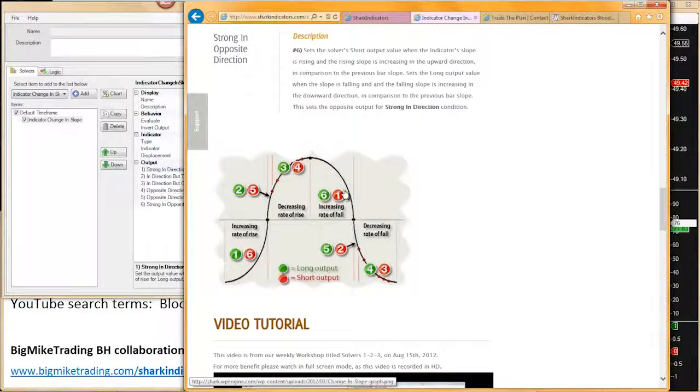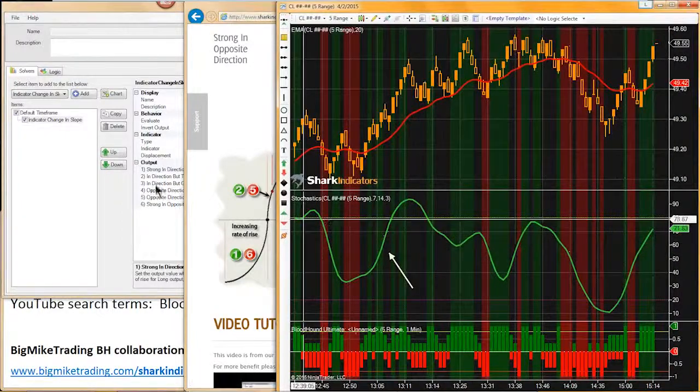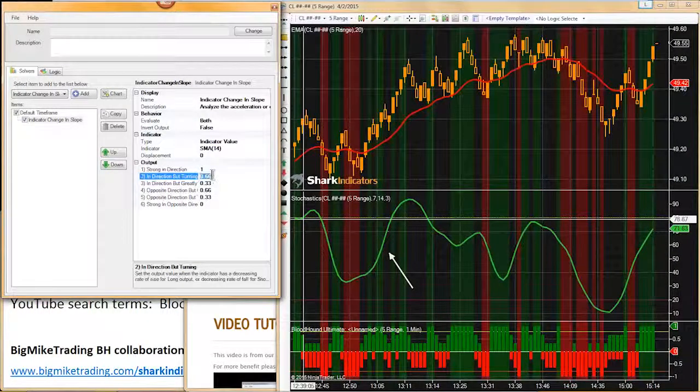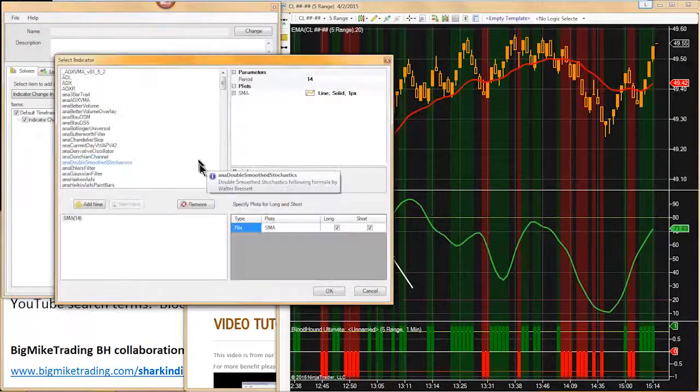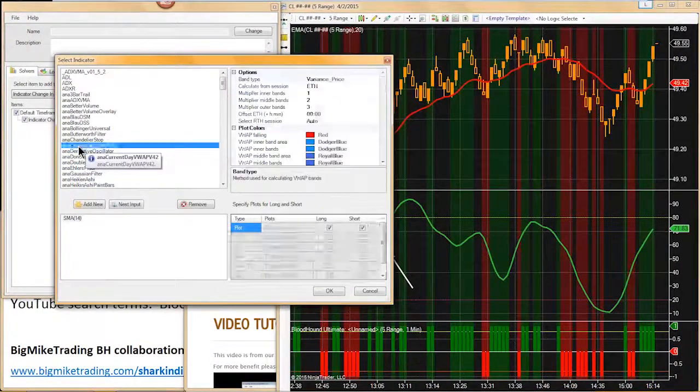That's why the red number 1 is over here. So let's take a look. I'm going to set these outputs to 0 so we can isolate it to the output strong in direction, the output number 1. So let me change my indicator to the stochastics.